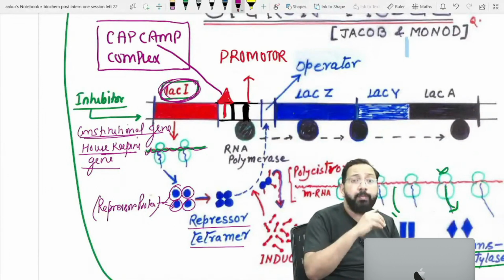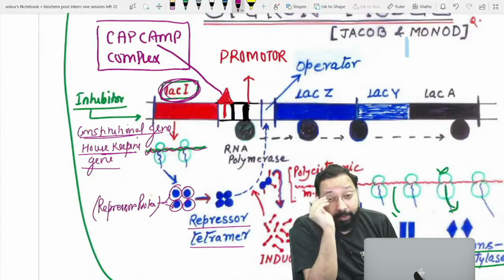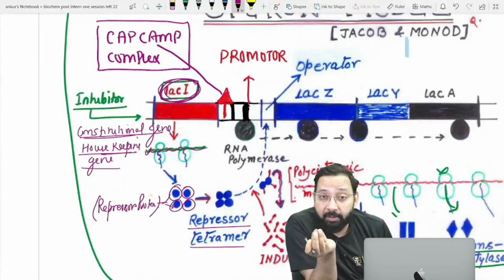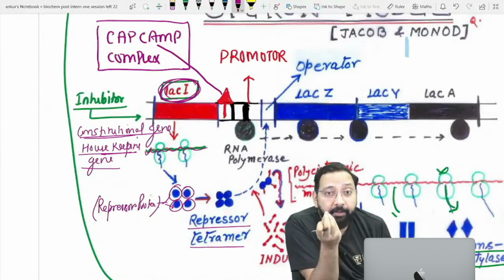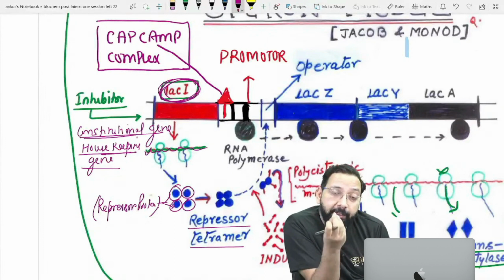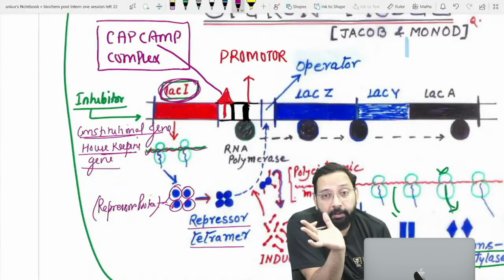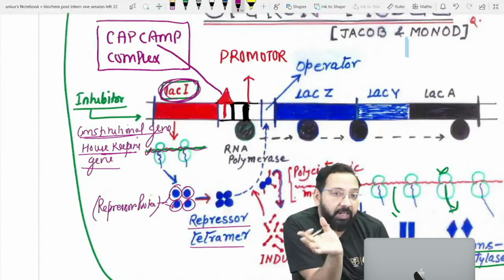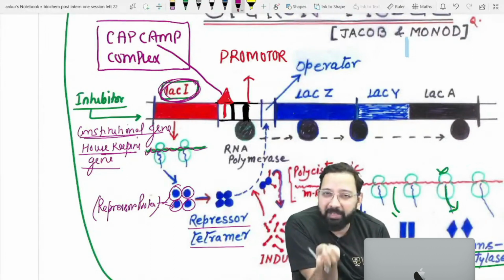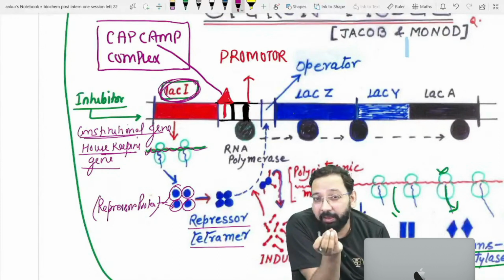Just like in human beings, hexokinase is required for glycolysis, and this hexokinase is present in each and every cell of our body. So hexokinase is a constitutional gene. Hexokinase is an enzyme, and enzymes are synthesized from genes, so the gene for hexokinase is constitutional.